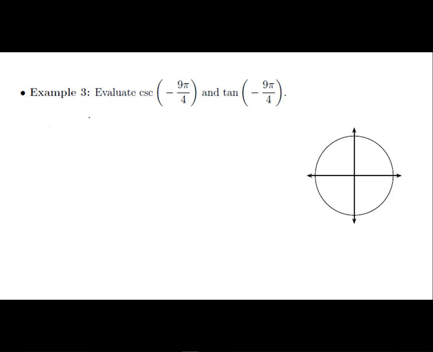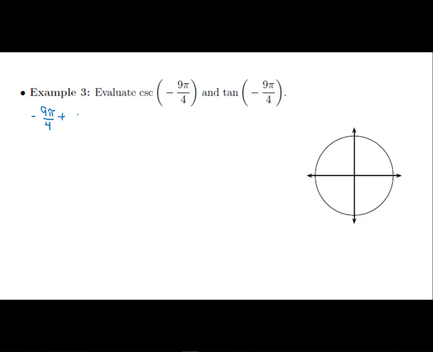And of course that would mean that any trig function at that value would be the same as at negative 9 pi over 4. And so remember, what we do is we can just add copies of 2 pi, or of one revolution, to negative 9 pi over 4, and that'll give us coterminal angles.